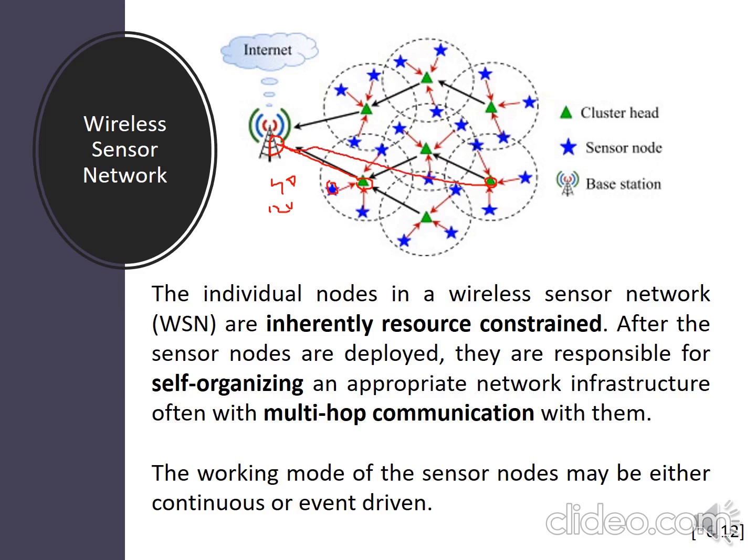The connection would be point to point. But if a node is placed at a distance greater than 120, then there will be some other node in the middle between the sender node and the receiver, and then it forms a multi-hop communication.